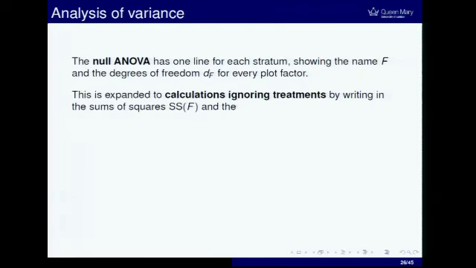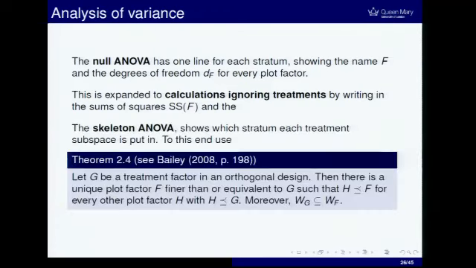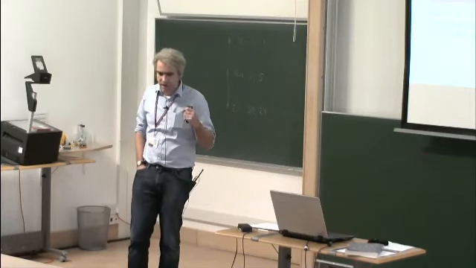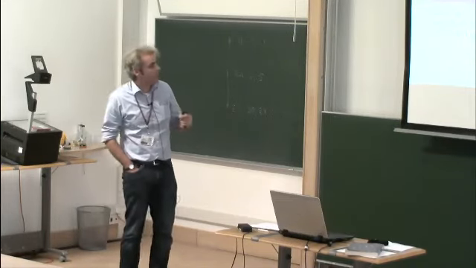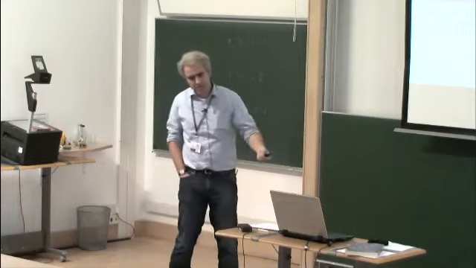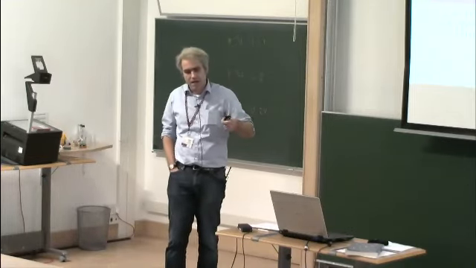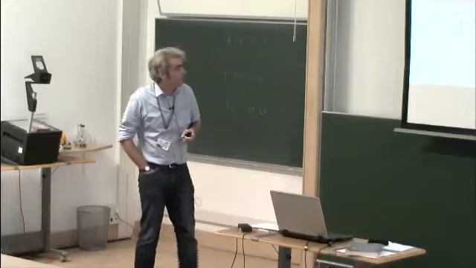And then we also have the treatment factors. Now we come up with something which is called the skeleton ANOVA, and that shows within which stratum each treatment factor is tested in. So it allocates the treatment factors to the different strata, where the strata again are dependent only on the plot factors.